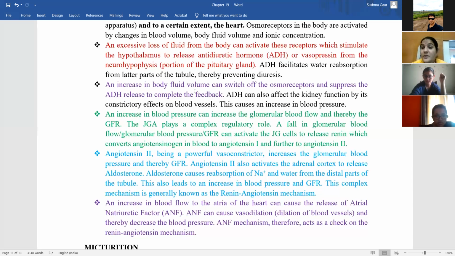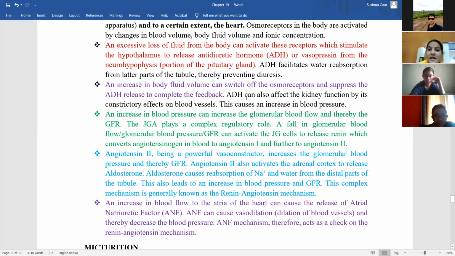Yes, diuresis will happen when ADH is not released, or we can say diuresis can be prevented when ADH is working. Because ADH is doing reabsorption, so that this diuresis should not happen. And if this diuresis is happening, it means ADH is not working. Okay? Yes, ma'am. Okay.